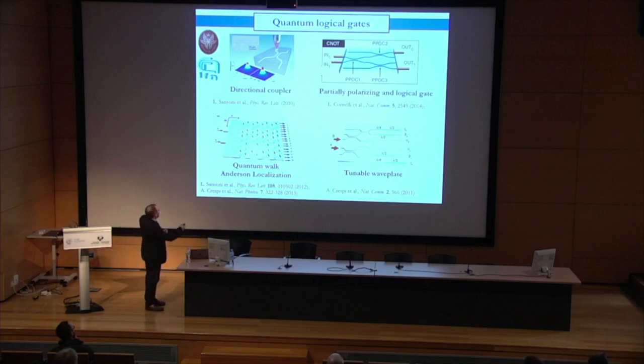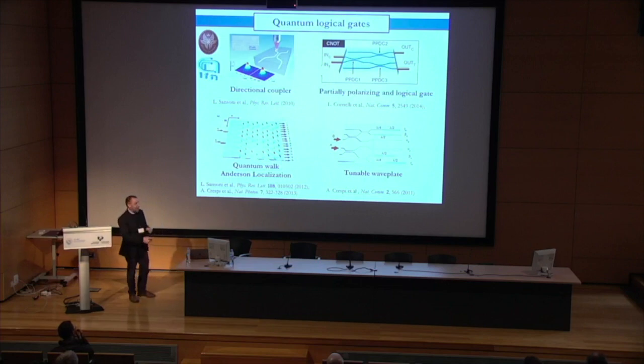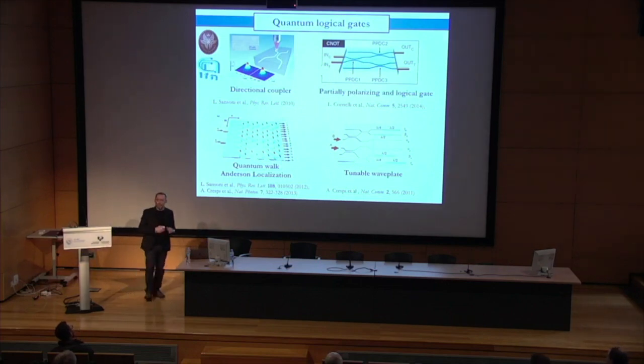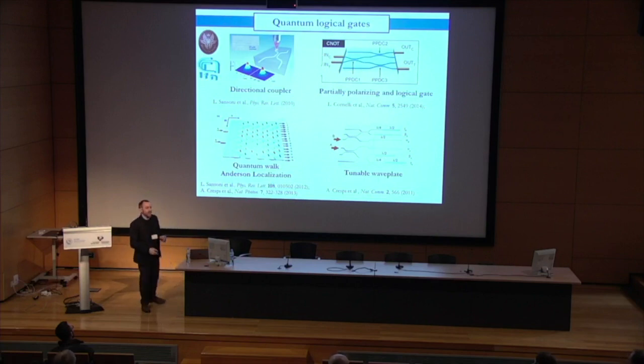Then we started carrying out more complex apparatus, like this one, where you have many beam splitters which are concatenated. You have many phase shifters. In this case, you have something like 100 components, and this allows you to implement a quantum walk via photons that evolves inside an integrated photonics chip.